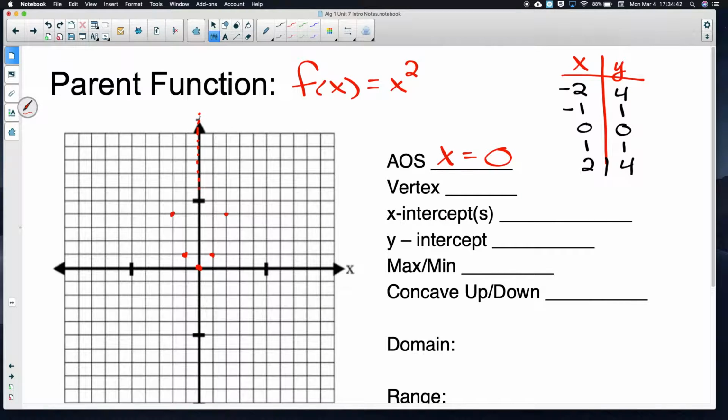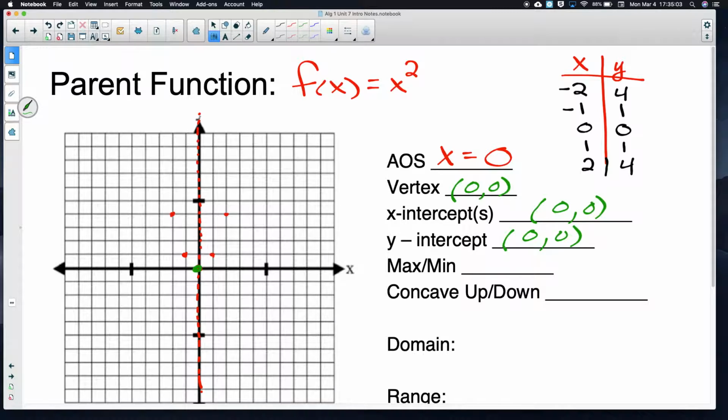That's the equation of this y-axis here. So let me plot that y-axis. Your vertex, remember, your axis of symmetry goes through your vertex, so that vertex coordinate is 0, 0. Your x-intercepts, once again, 0, 0. Your y-intercept is 0, 0.